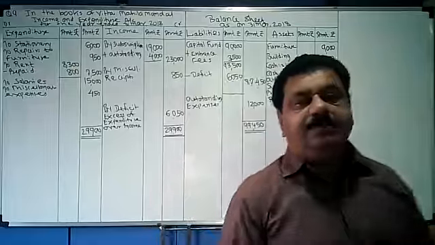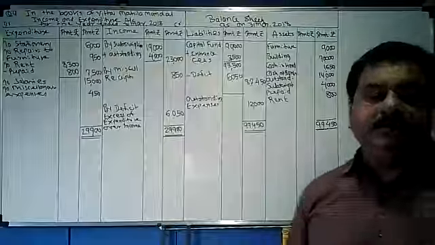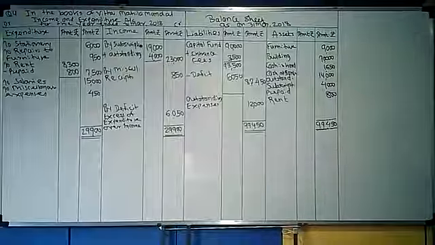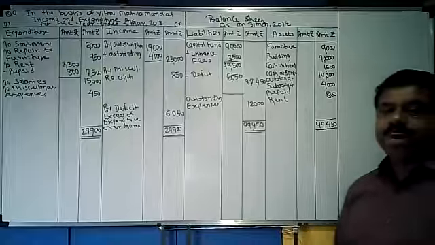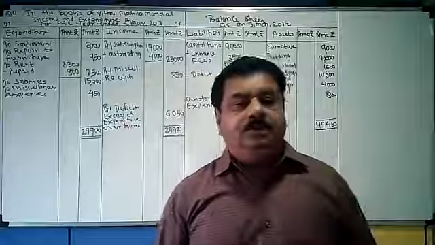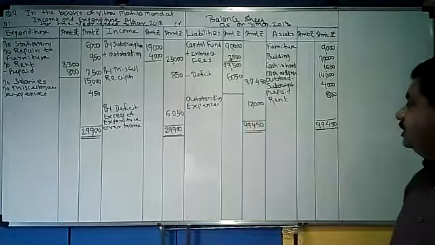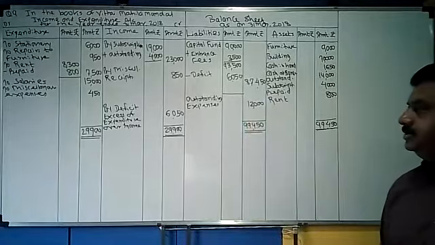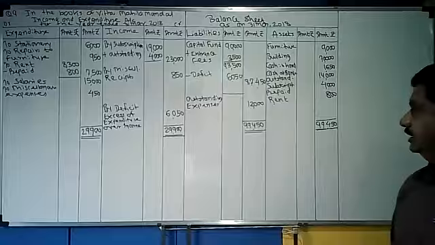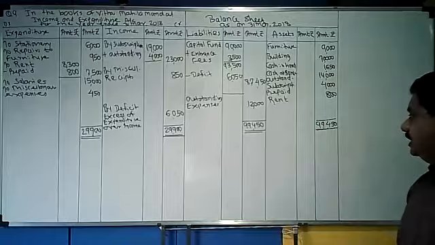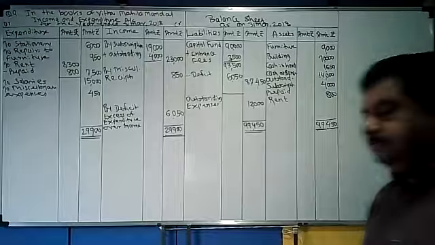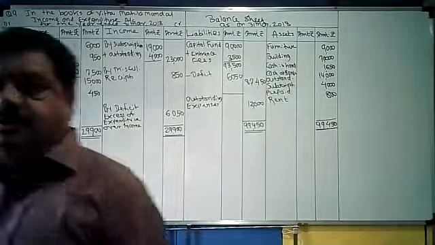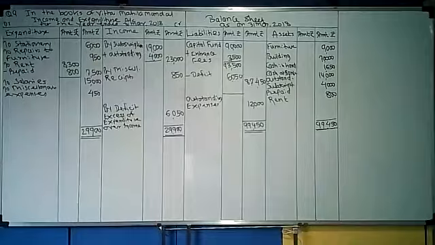So it is getting tallied by 99,450. Deficit is 6,050 and final answer is 99,450. Very simple problem, it was very simple, you must have understood.